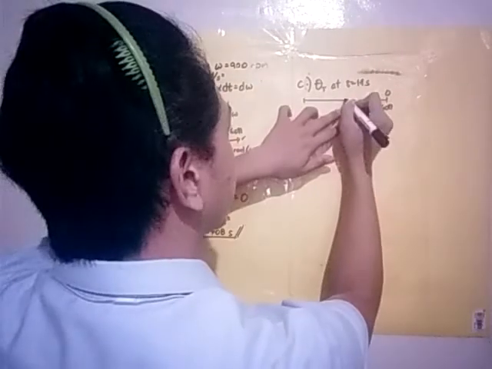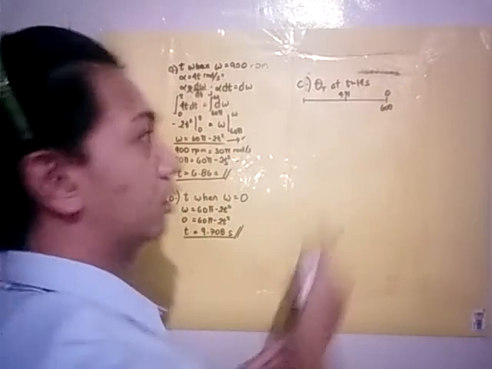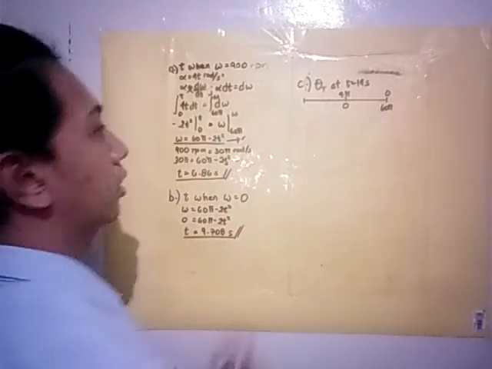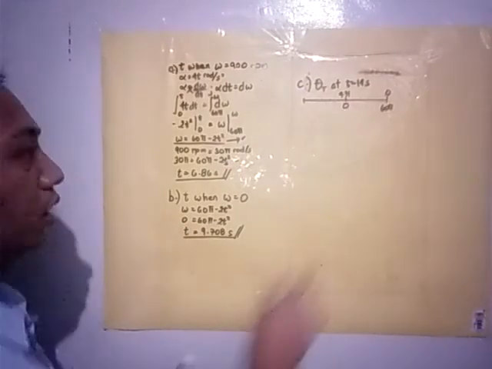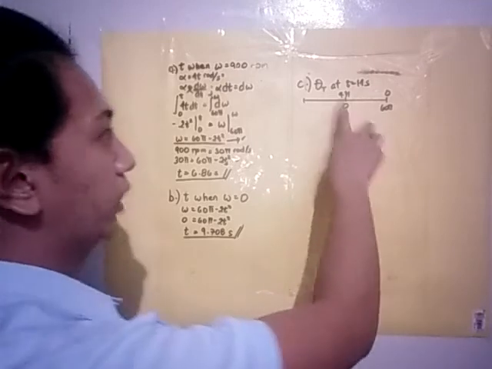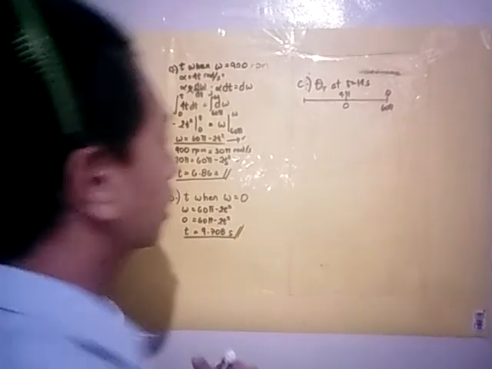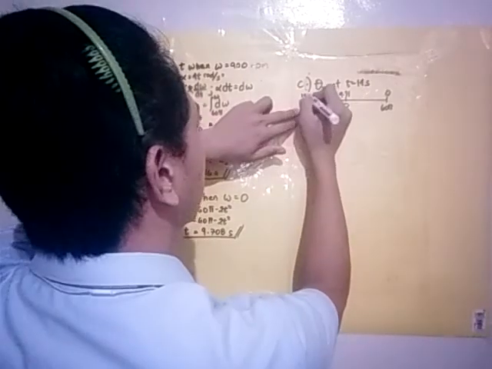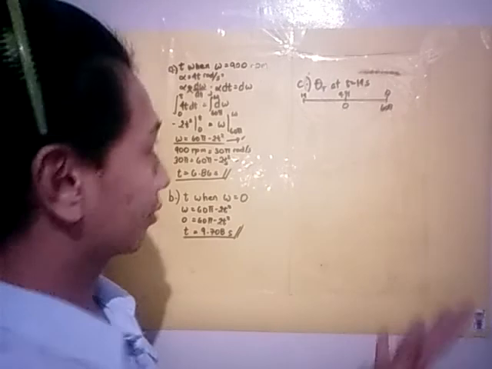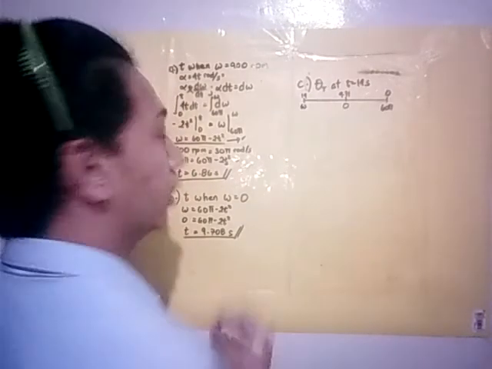Then at 9.721 seconds, or I can say 9.708 seconds, our angular velocity is 0. Then when 14 seconds pass, there will be a certain angular velocity.